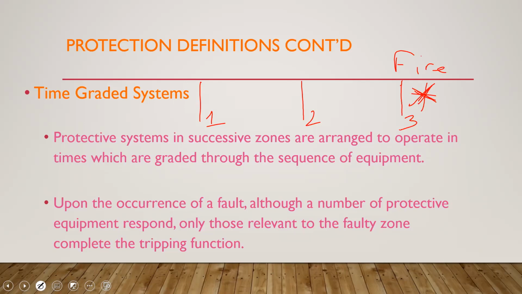How the protection system works in terms of a time-graded system is that it is expected that the fire truck will leave fire station 2 immediately after the fire starts.